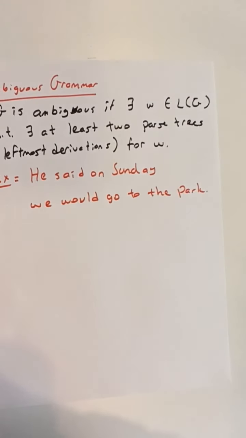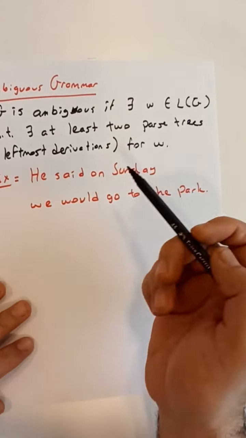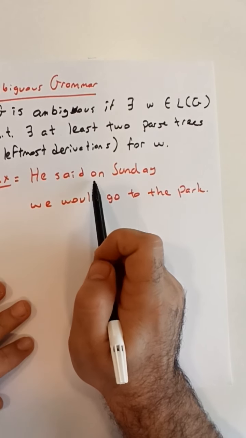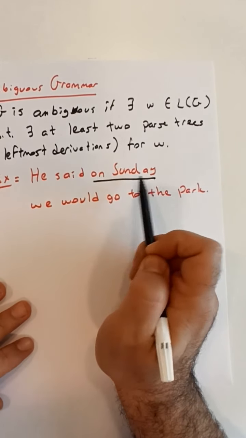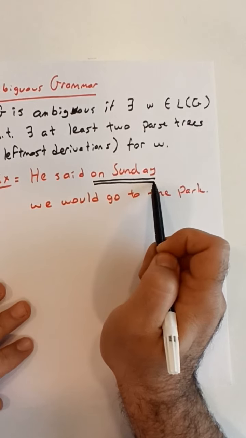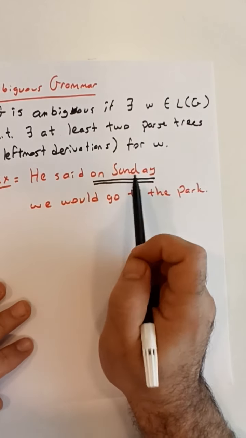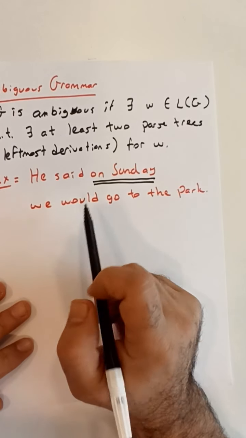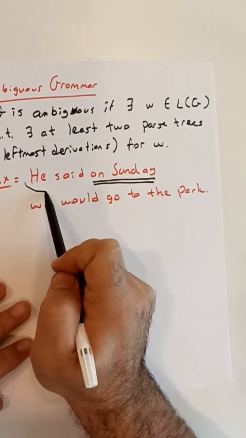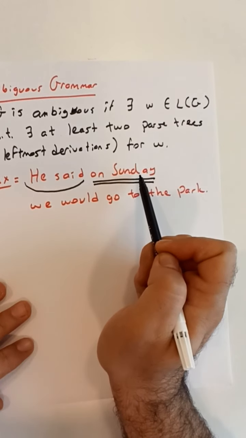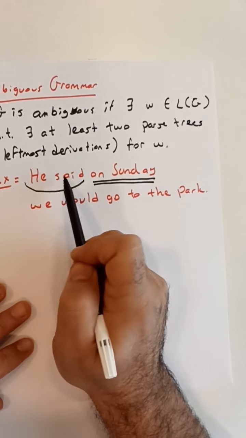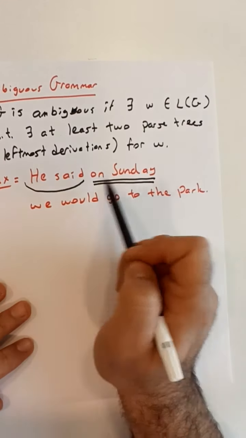Now consider the meaning of this sentence, because to which phrase should we apply this word combination, on Sunday? So we could apply it to this phrase, he said on Sunday. So when did he say this sentence? He said it on Sunday. So this is one interpretation.